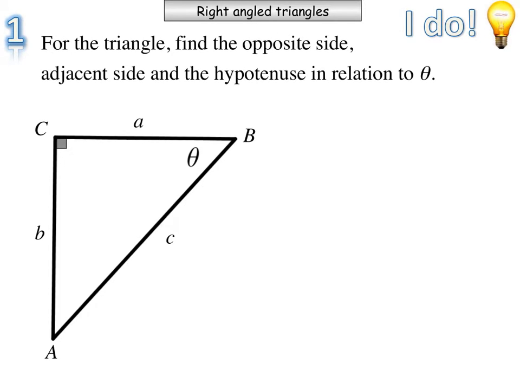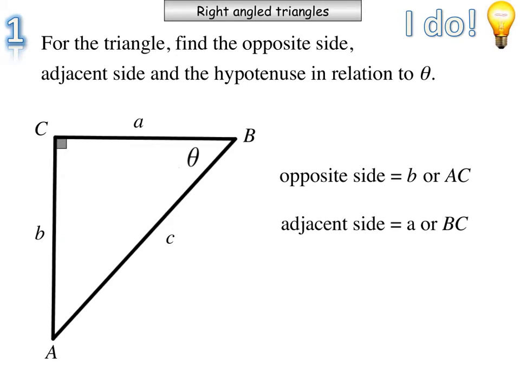Okay, so for this triangle, let's find the opposite side in relation to theta, the adjacent side, and also the hypotenuse. So the opposite side is going to be that side there. The adjacent side is going to be that one there.